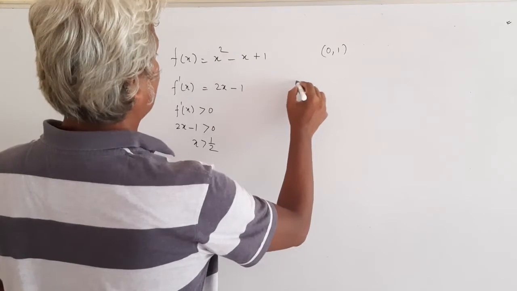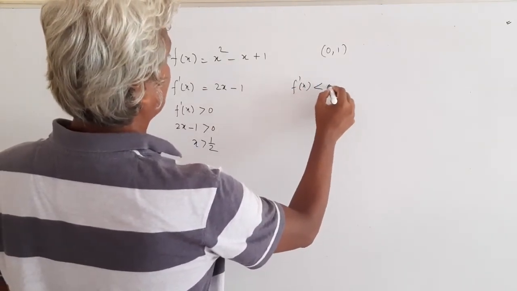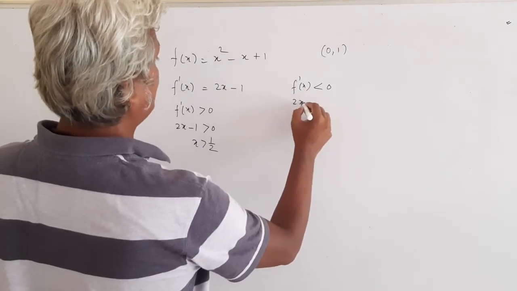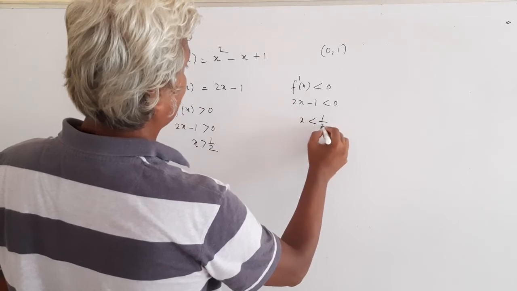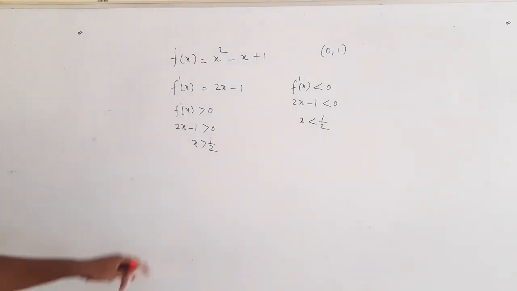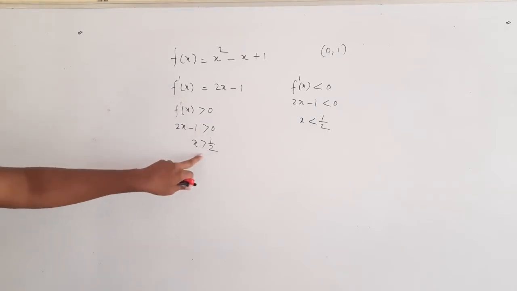Okay, when I look at f'(x) less than 0 for a decreasing function, then I have 2x minus 1 less than 0, so x is less than half. What does this suggest?